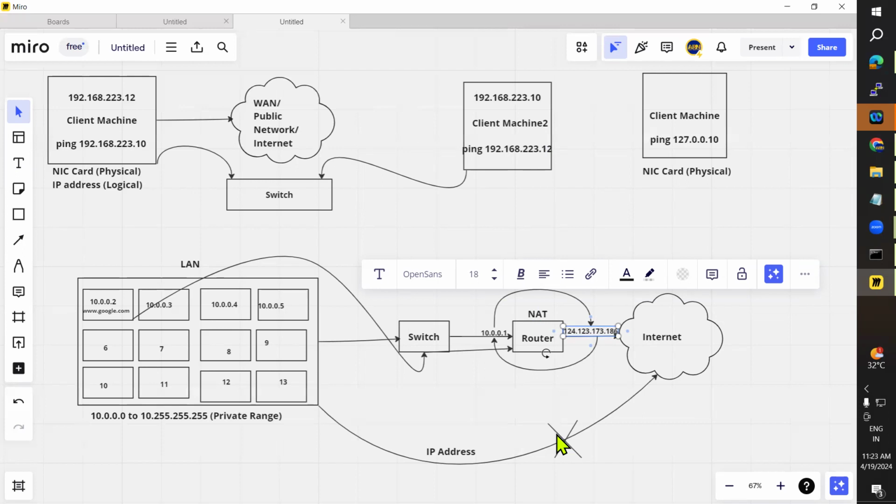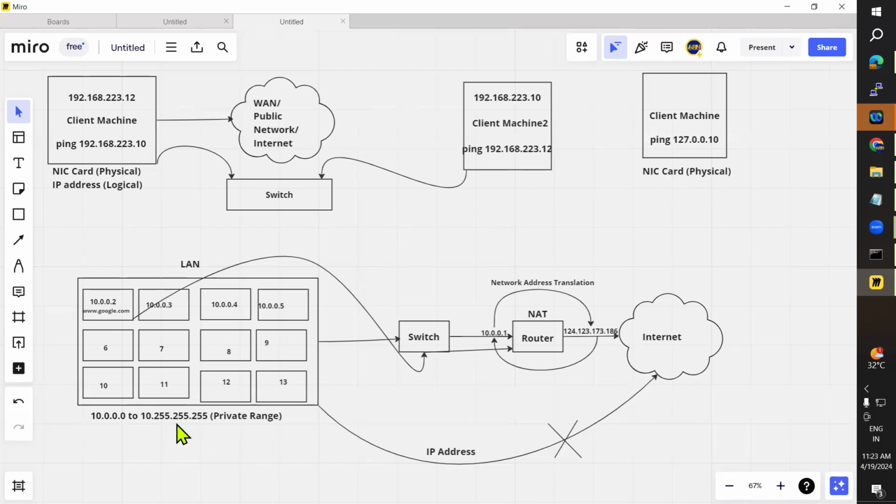We would need IP versions 10, 12, 13, 14, and keep growing the versions. Because of this NATing concept, a single public IP address is enough to share the internet with multiple systems. Hence, we reduced the IP usage in the world.